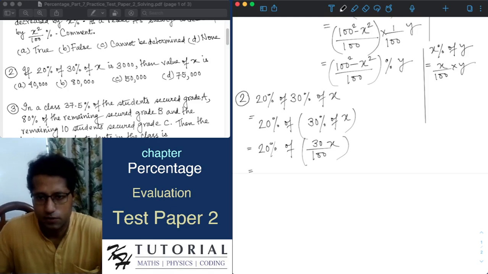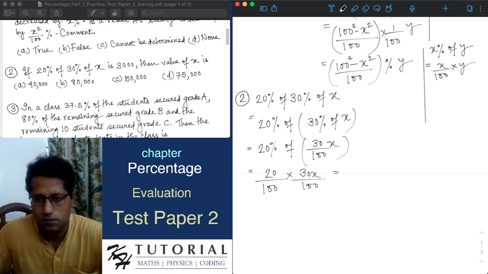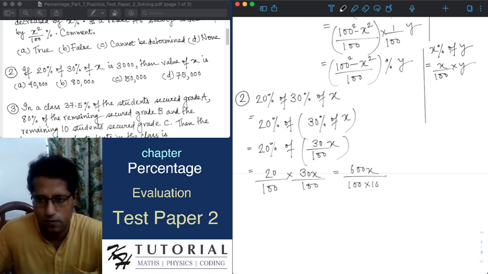Now what is 20% of 30x by 100? That is 20 by 100 multiplied by 30x by 100. This equals 600x by 100 into 100, the 0 0 cancels out. This is 6x by 100.